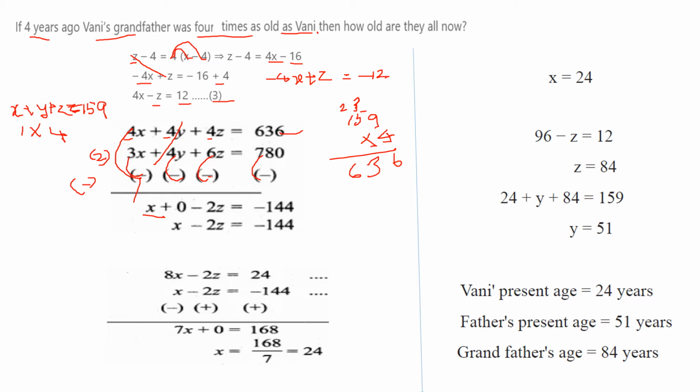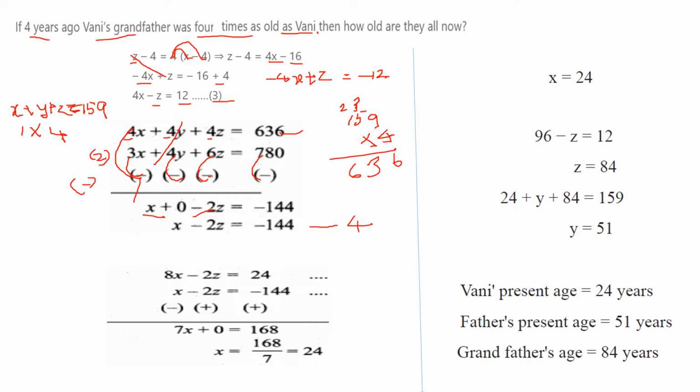Greater number here is minus 6, therefore minus 2Z. And 636 minus 780, subtract and put the greater number sign. So 780 minus 636, 144. So minus 144. So X minus 2Z equal to minus 144. This is our fourth equation.